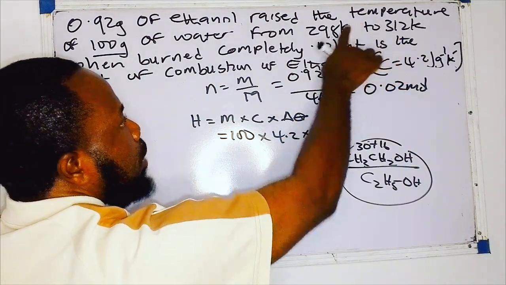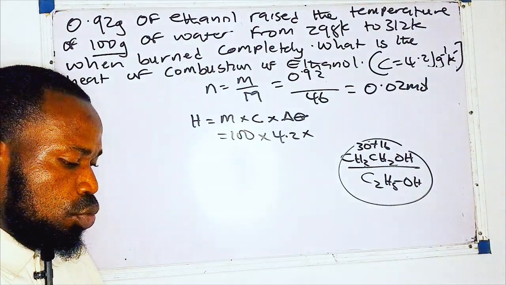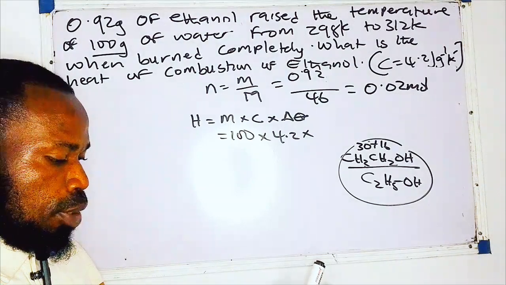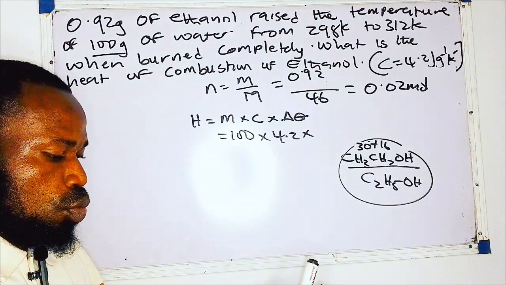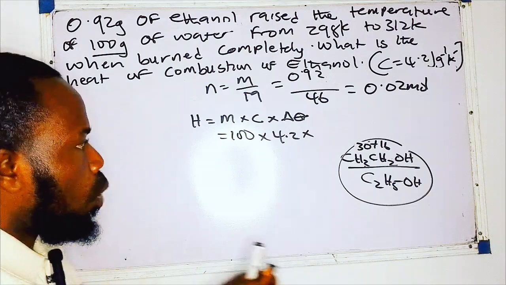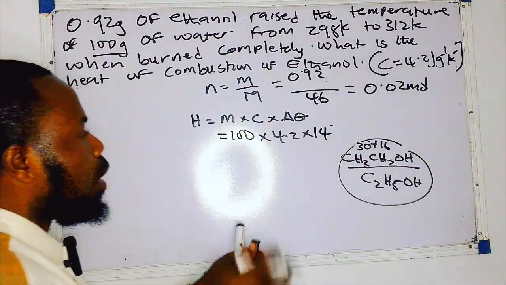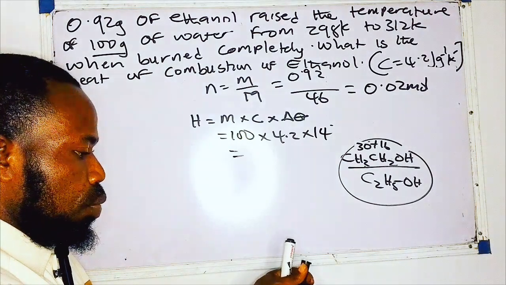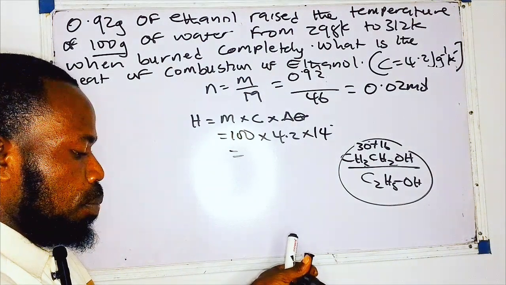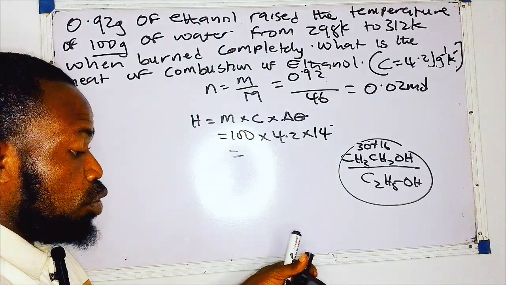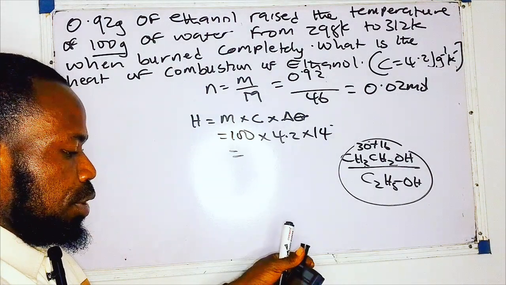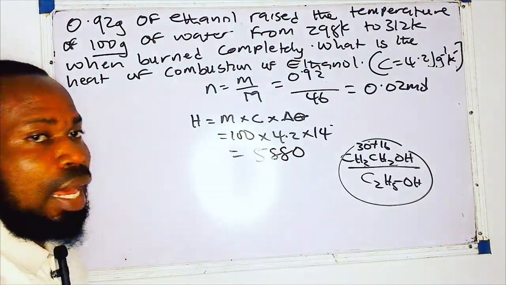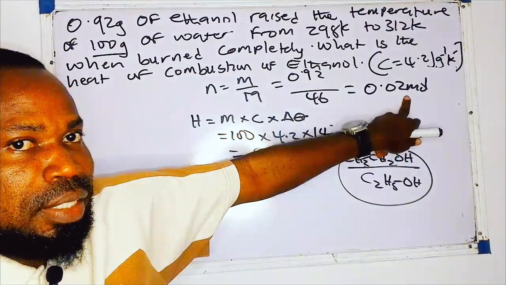That will be 312 minus 298, which gives 14. So your answer will be 100 times 4.2, that gives me 420, times 14. That will give me 5880.